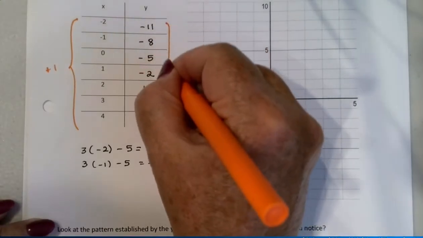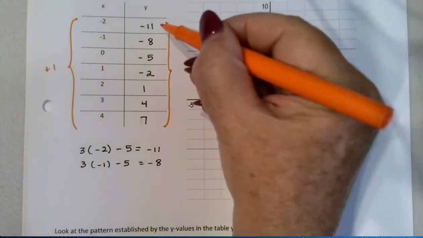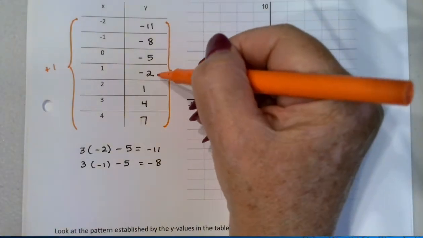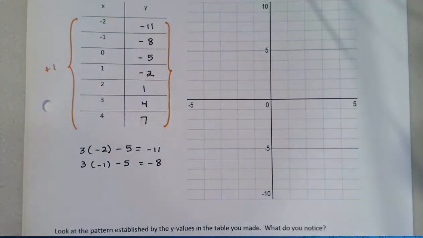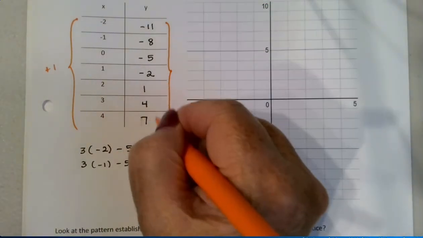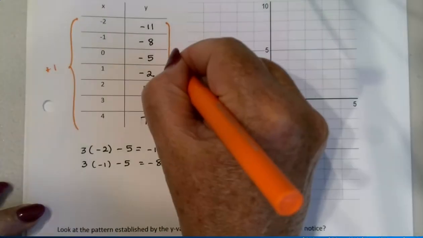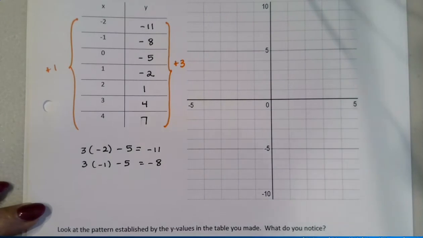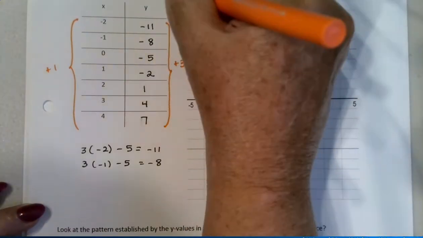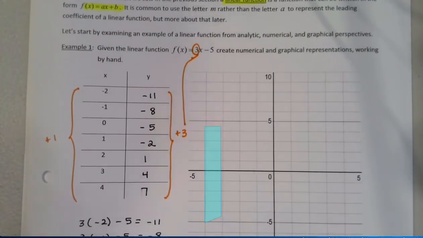Is there a pattern in the y values? Well, you'll notice the y values increase by 3 each time, right? 1 plus 3 is 4, 4 plus 3 is 7. That pattern works all the way through the table. It's actually not a coincidence that that 3 is also the multiplier of x in our linear function. Again, more on that later.